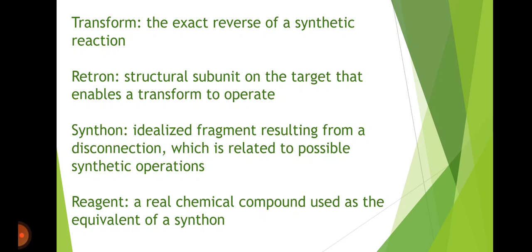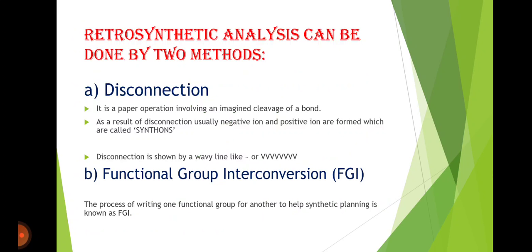I have earlier discussed what synthons are and how they are formed. So what is a reagent? A reagent is a real chemical used as the equivalent of synthons. As I have discussed, the target can be broken down or disconnected by two processes: one is disconnection and another is FGI.